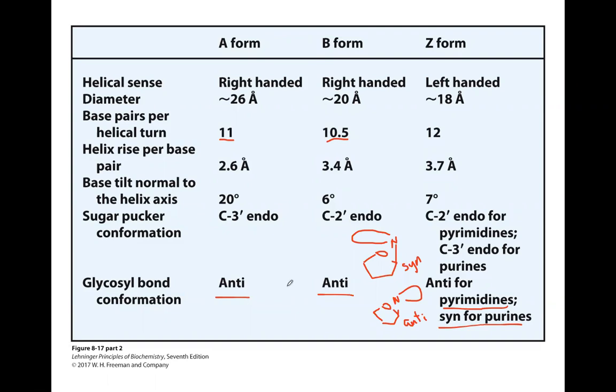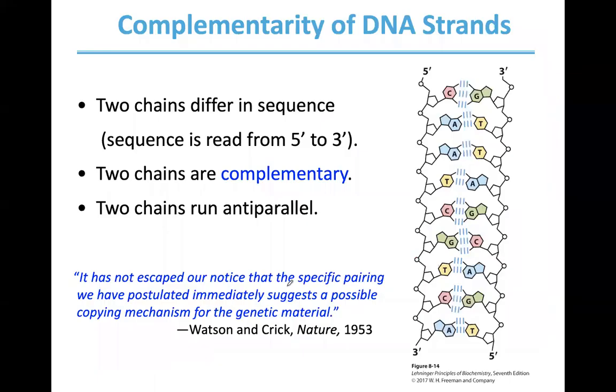All right. So these are primary forms of DNA. As far as the sequence, obviously the two chains will differ in sequence, they're complementary, right? So if this is CAAAT, this will be GTTTA, and the two chains run anti-parallel.